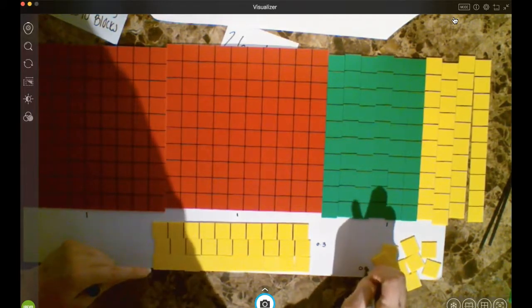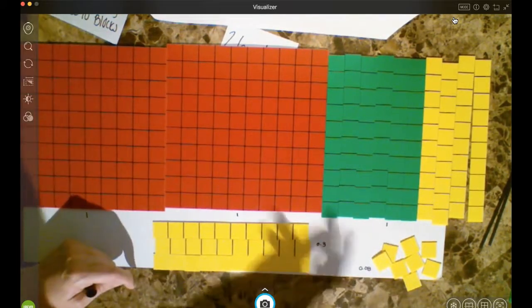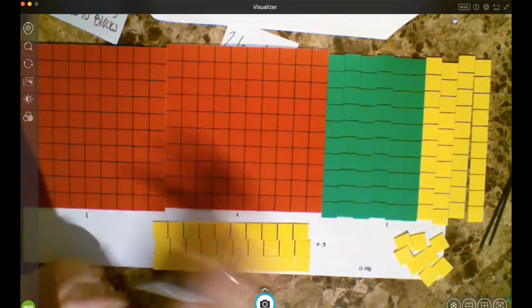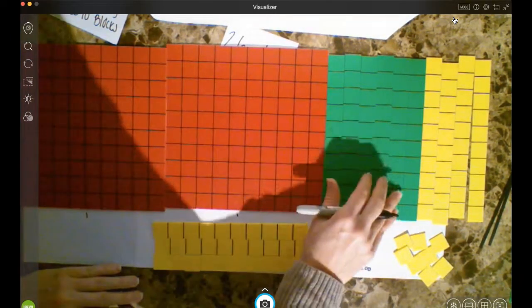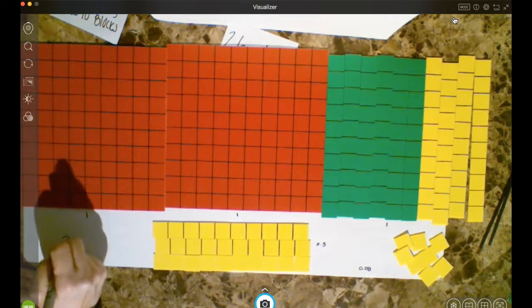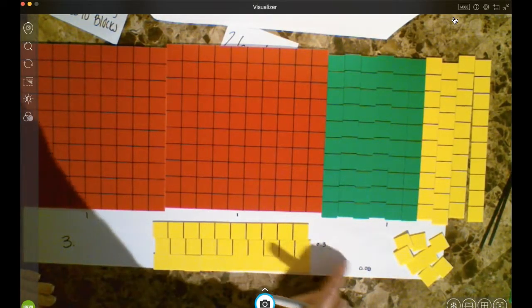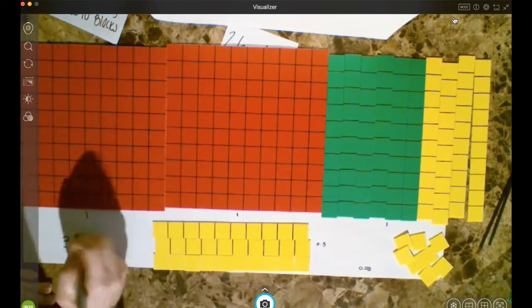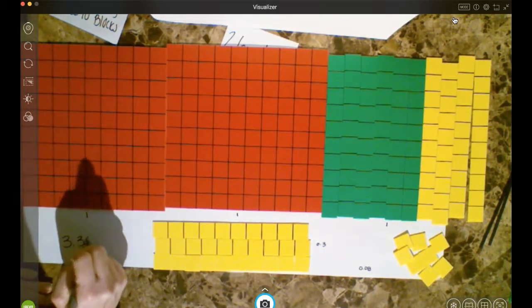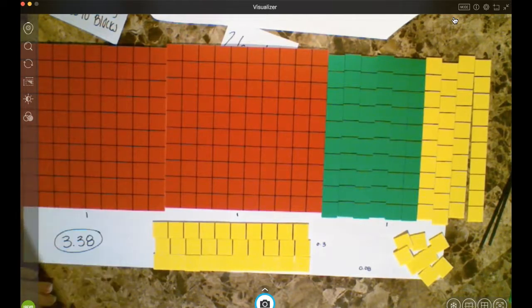So I have 8 thousandths. And now if I add all of those together, you get 3 wholes, 3 tenths plus 8 thousandths. And that is your final solution. So that is how we multiply decimals using a model.